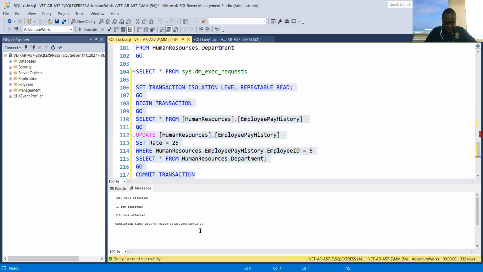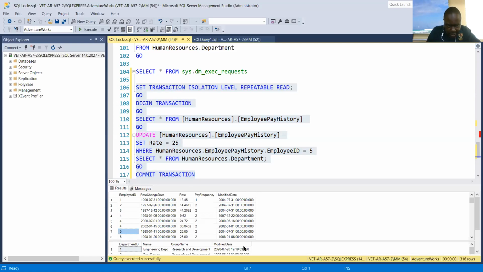Let's check the messages. So 316 rows affected, 1 row affected, 16 rows affected. So let's see what has happened. In this one, there's 5, employee ID equal to 5.